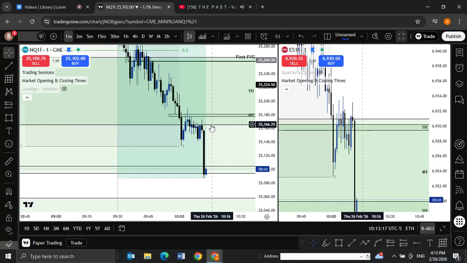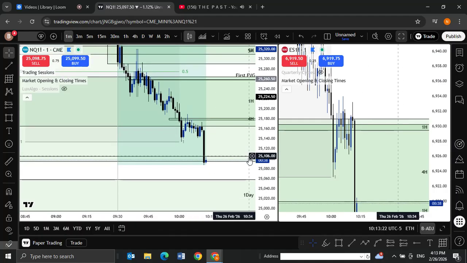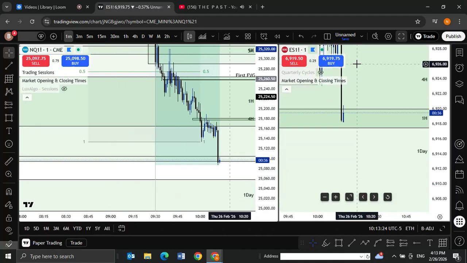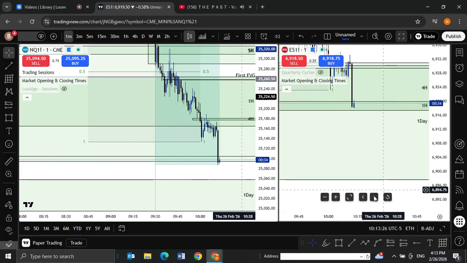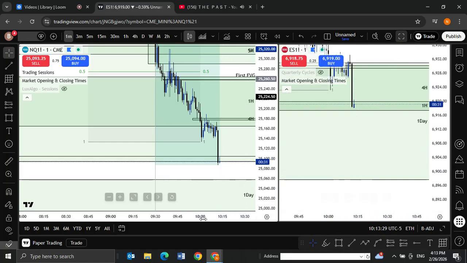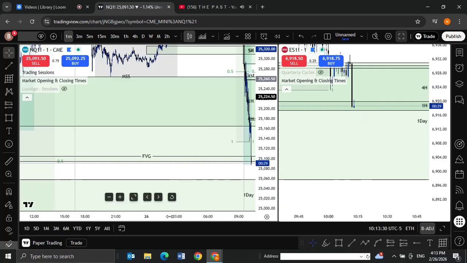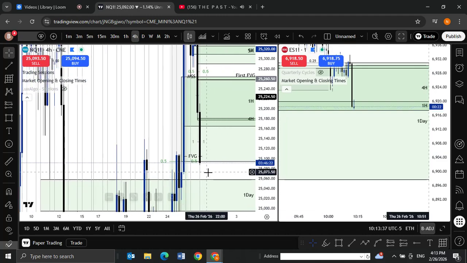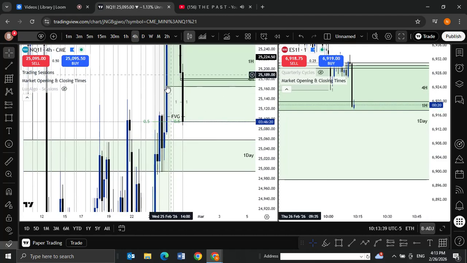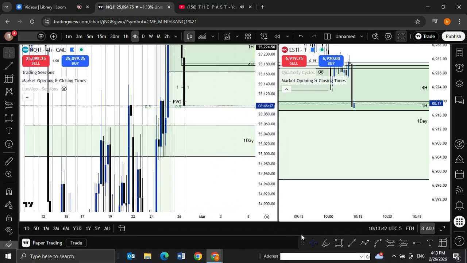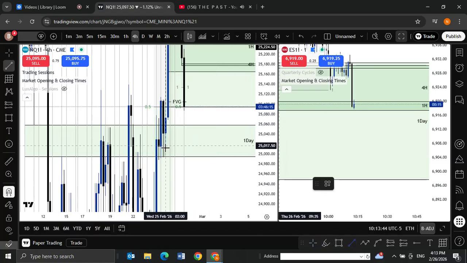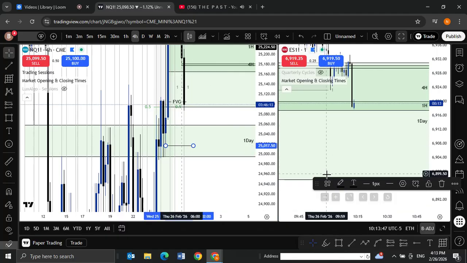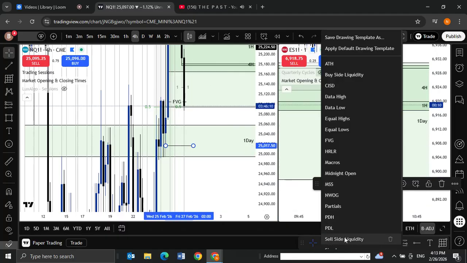Since this probability was delivered, I don't even know what to expect anymore because this daily is quite big, so we still may push lower. Other than that, I don't even know what to expect. Perhaps I want to see the 5 minute version of the fair value gap, and then the target is some sort of this set, which is inside of the daily.